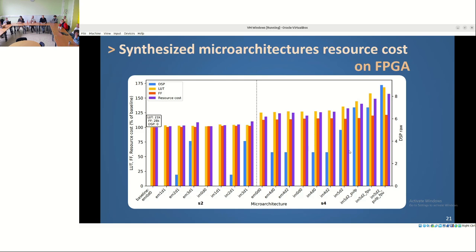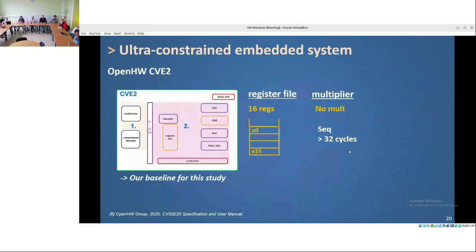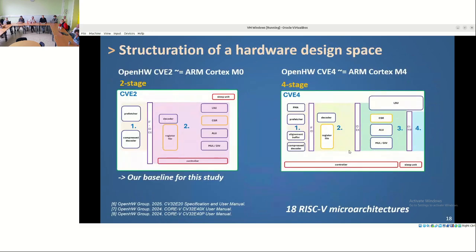The architectures that we used are open source, and the RISC-V instruction set architecture is open source, and we have access to the definition of the instruction set architecture, so the assembly instructions, meaning that the architectures that we used from open hardware are based on this ISA.